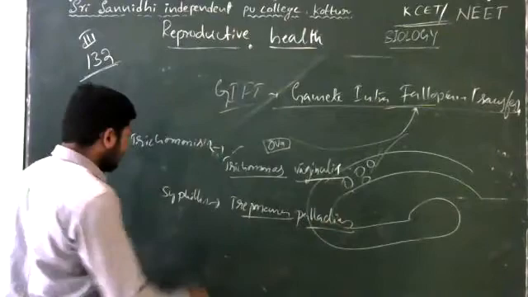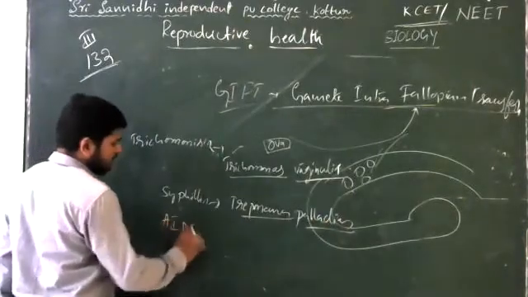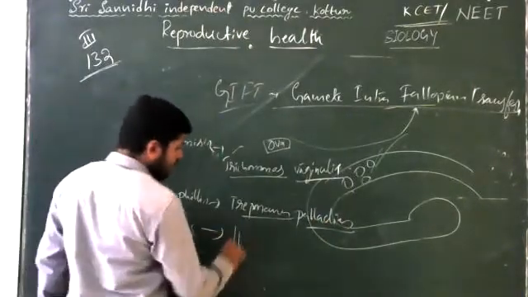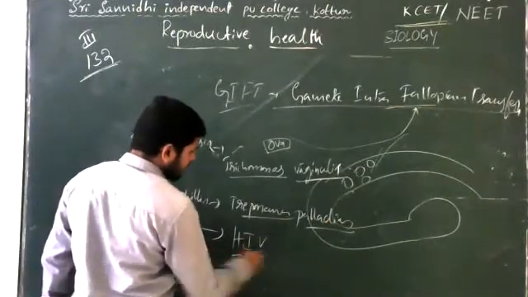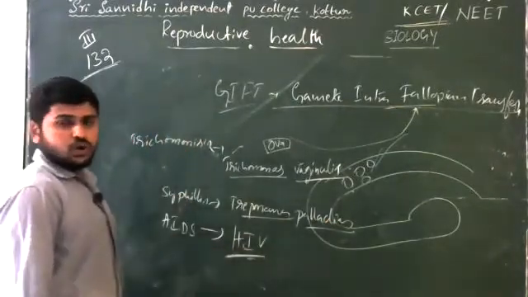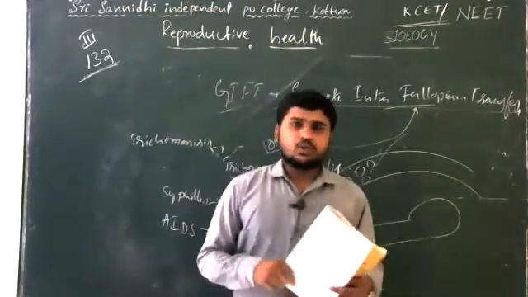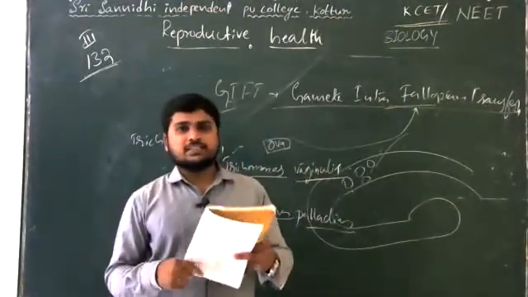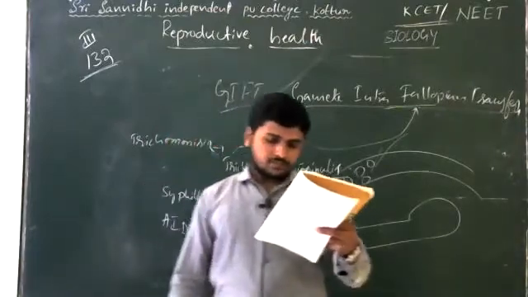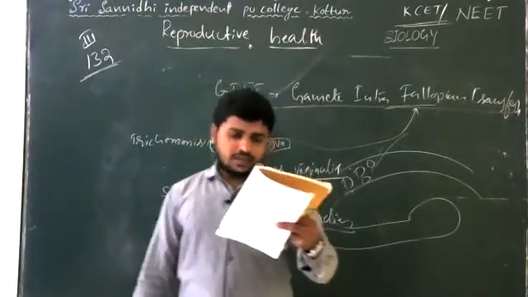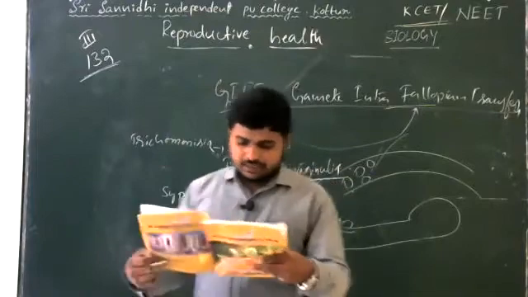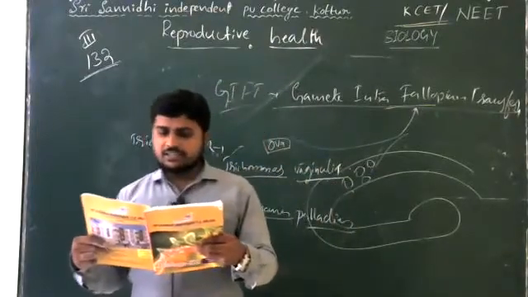Next, acquired immunodeficiency syndrome, caused by human immunodeficiency virus. Gonorrhea, Neisseria gonorrhoeae. Human papilloma virus causes genital warts, and genital herpes. So that's why encephalitis is not a sexually transmitted disease.